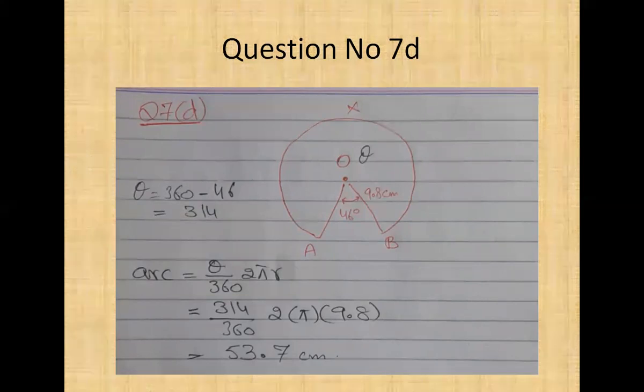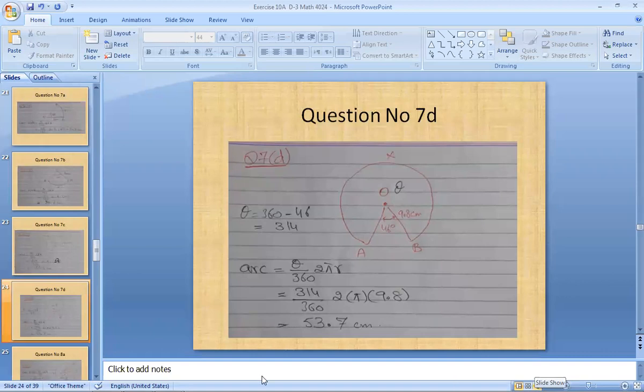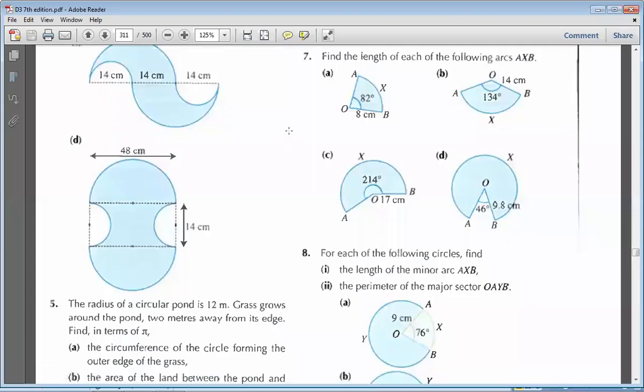In your calculator, you will enter 314 divided by 360 multiply 2 multiply pi multiply 9.8 equals, and it will be 73.7 centimeter. So the arc length AXB is 73.7 centimeter. We are done with question number 7 of exercise 10A from the D3 book.